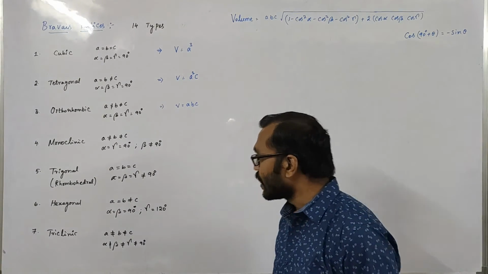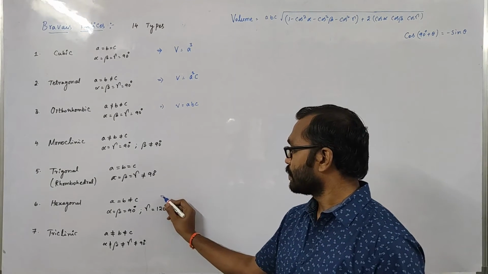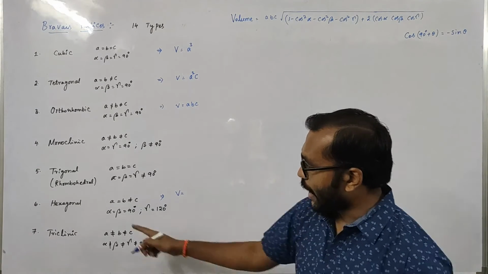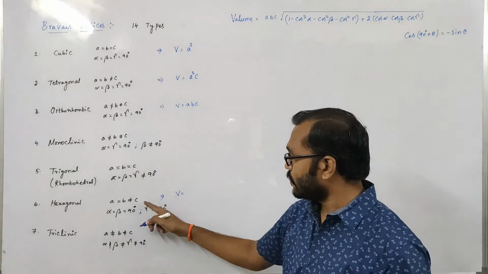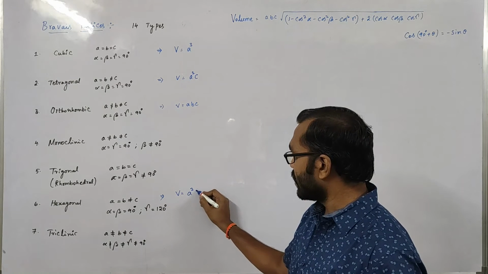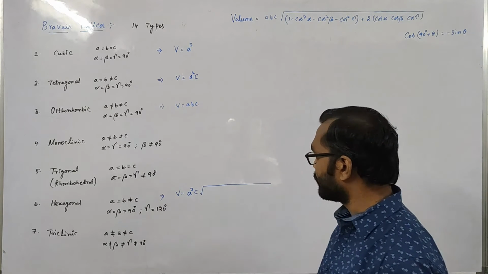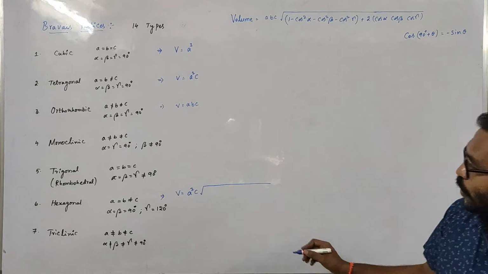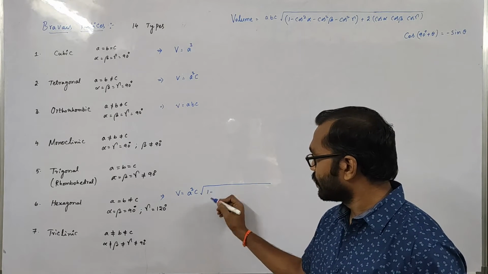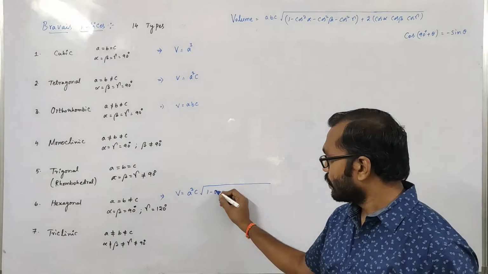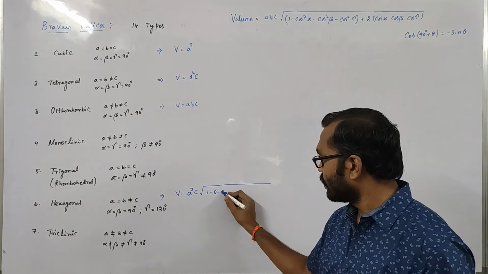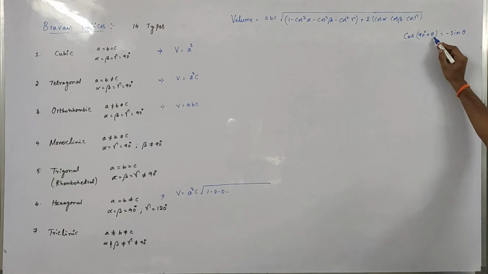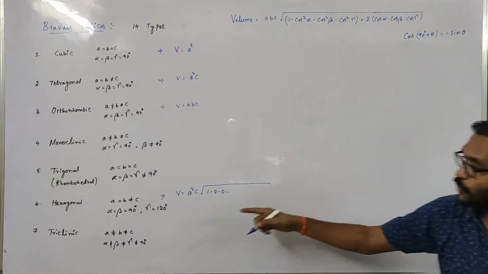Now coming to hexagonal, here I can calculate. Now what is V? A equal to B, means A square C into root of what you get? 1 minus 0, 1 minus 0, 0 minus 0, minus cos of 90 plus 30, or 120 degrees.